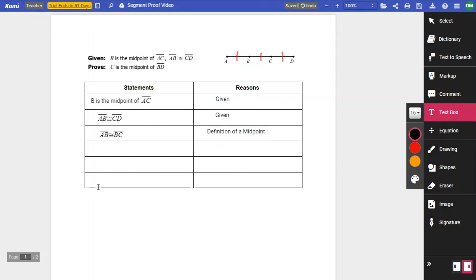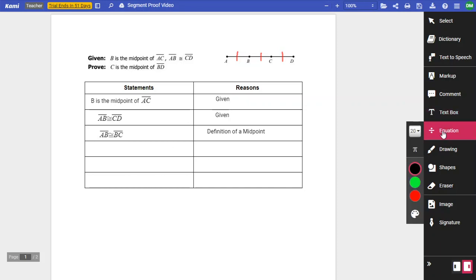Okay, now what we need to show is that BC is congruent to CD, which we've shown on our diagram, but we haven't shown with words yet. But let's look at this. We've got AB is congruent to CD, and we've got AB is also congruent to BC. So there is a property that we can use here. We are going to use the transitive property of congruence, because since both of these segments are congruent to AB, then they must be congruent to each other.